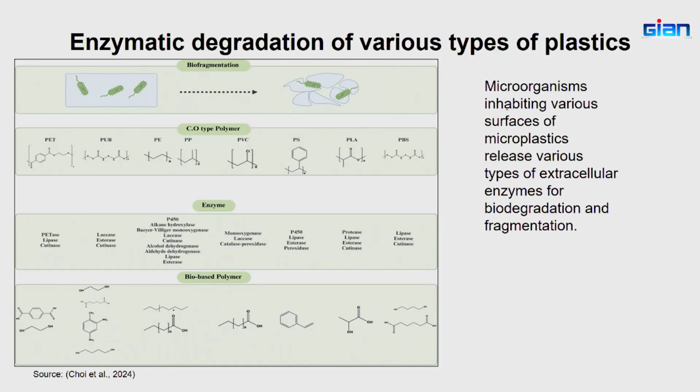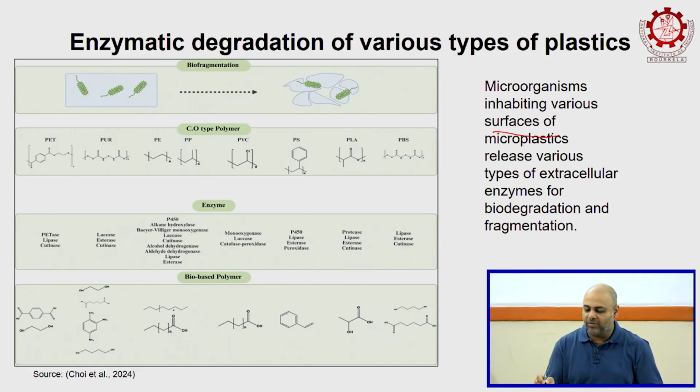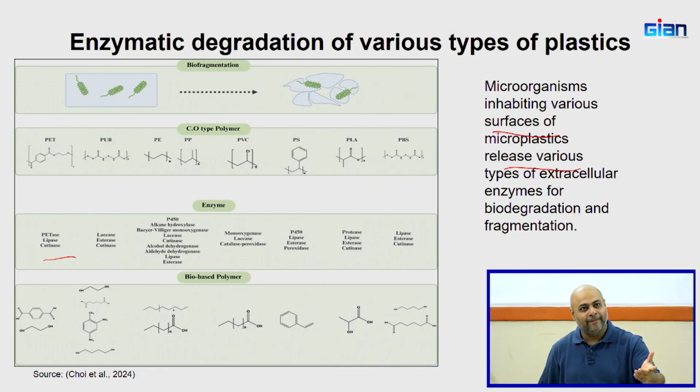So, now these microorganisms are inhabiting various surfaces of microplastics, and they release various types of extracellular enzymes. So, you can see the list of enzymes here, which are able to degrade these microplastics into smaller fragments. PETase is the one which is going to digest the PET, and then you have the lipases, the proteases, laccases, cutinases.